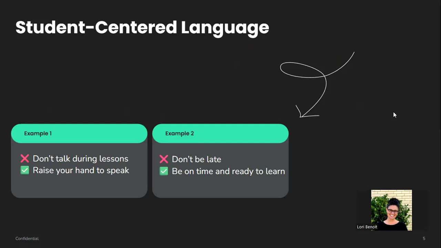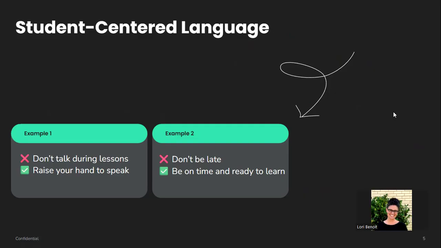So example 1, don't talk during lessons. Well, that's one way that we could frame things. But if we say, raise your hand to speak, we're framing it in such a way that we want to ensure that we're allowing students to voice their questions or contribute with their comments.